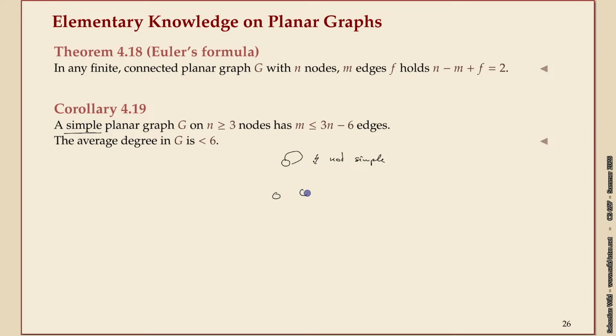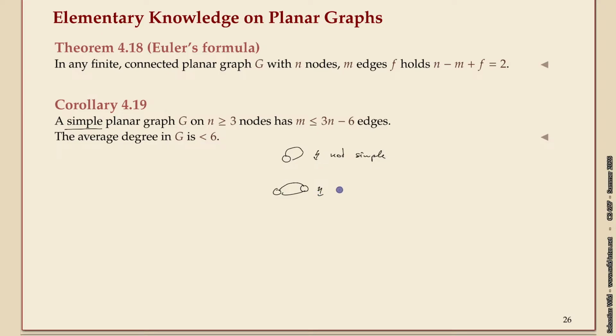I could try to make a face that's delimited by 2 edges, but then, again, they connect the same vertices. So this is also not a simple graph. So the smallest configuration I can make that closes off a face is a triangle. Okay? So in a simple graph, every face is delimited by at least 3 edges.